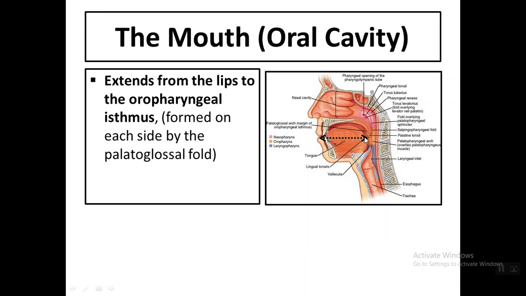Here, the palatoglossal fold, the anterior one, is what we call the oropharyngeal isthmus. يعني الحد الفاصل in between the oral cavity and the pharynx. Palatoglossal fold. So this is the oral cavity extending in between the lips and the oropharyngeal isthmus.